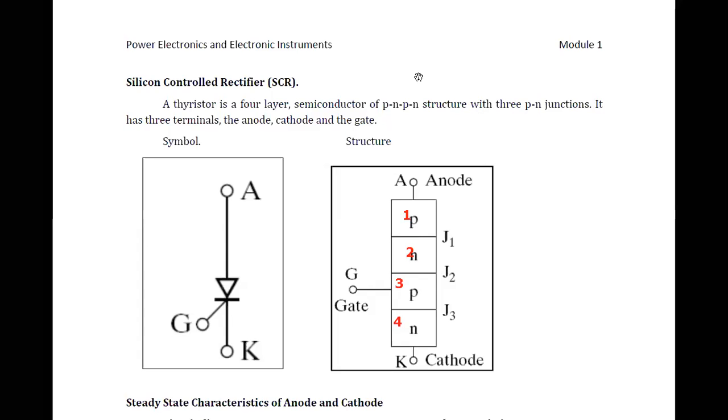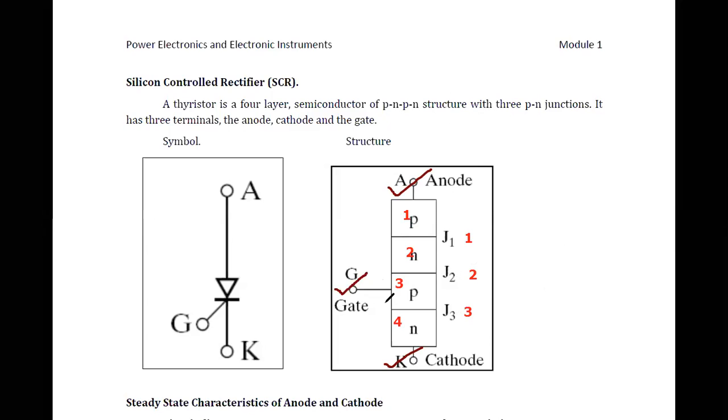The junctions are the first junction J1, the second junction J2, and the third junction J3. And it has three terminals: the anode, the cathode, and, very important, the gate.